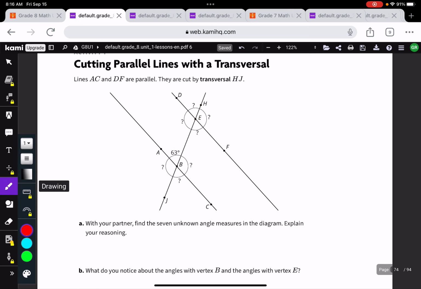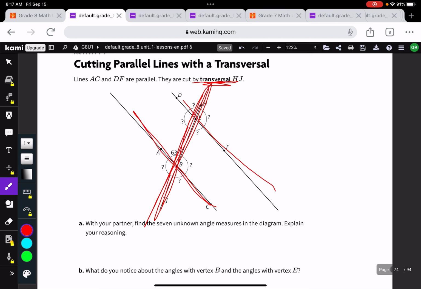Since these are parallel lines and a transversal, I guess we need to cover that first. This is a fancy word. It's just saying a transversal is this line right here. It transverses the parallel lines. These blue lines, hopefully you recognize. They're not blue, I'm using red apparently, because when I touch blue, it doesn't go to blue.